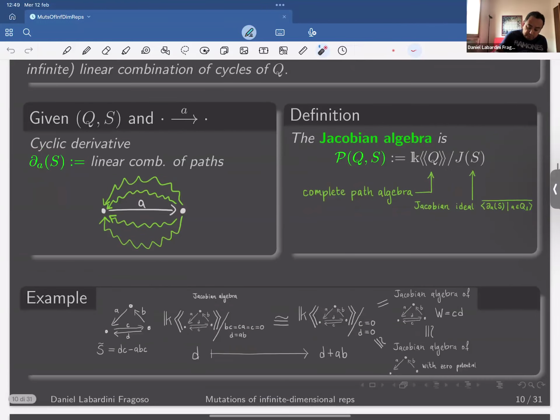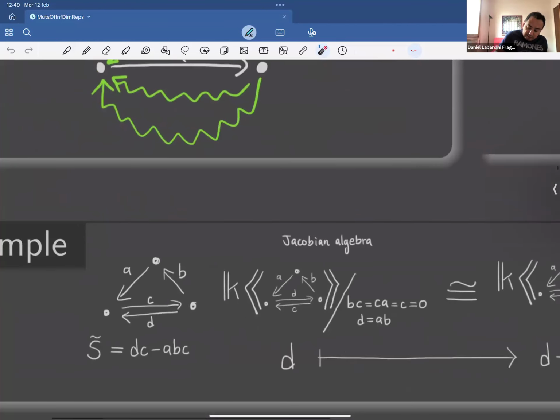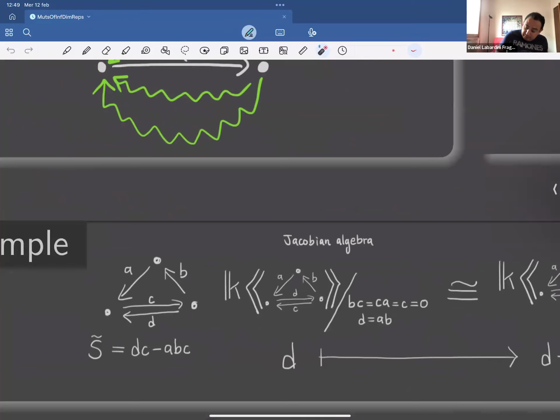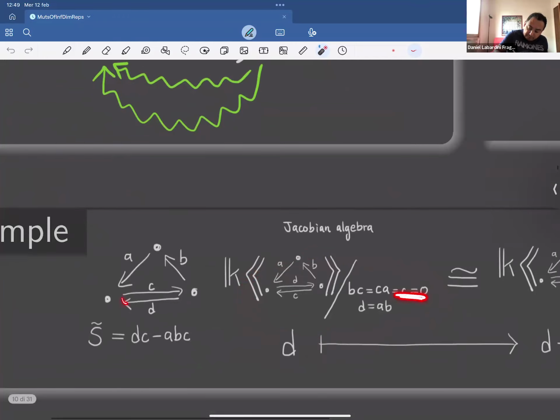So you could in principle just delete C from here because C in the quotient is 0. But you cannot, strictly speaking, delete D because D is equal to AB.